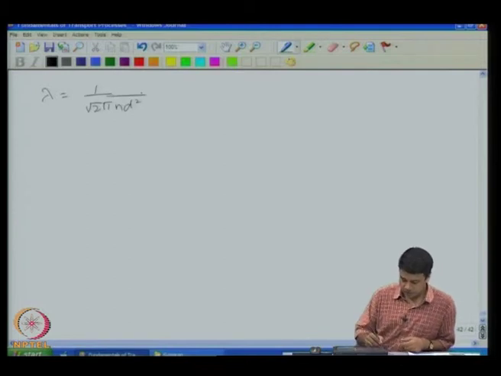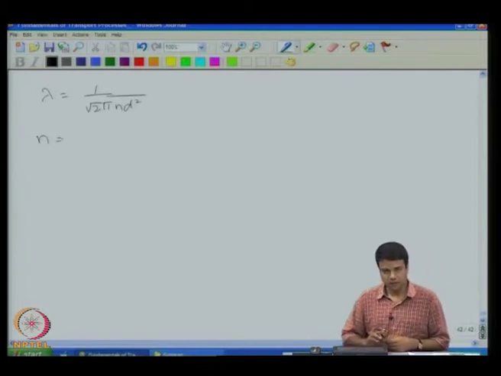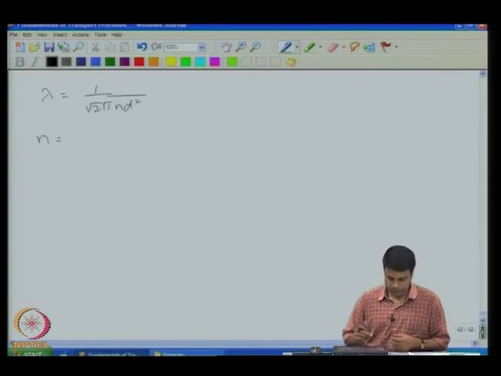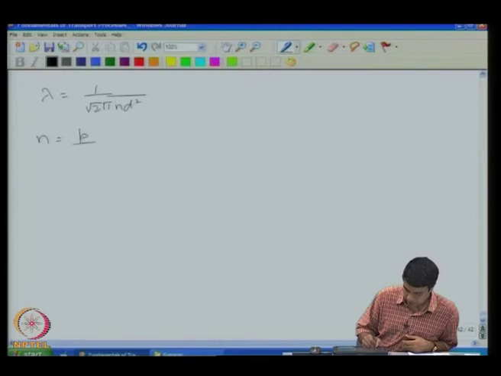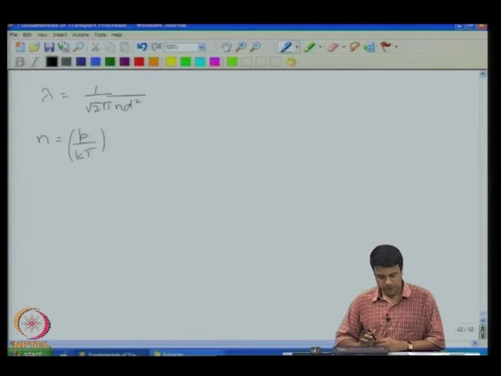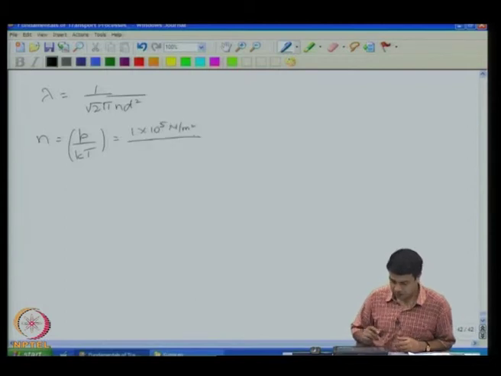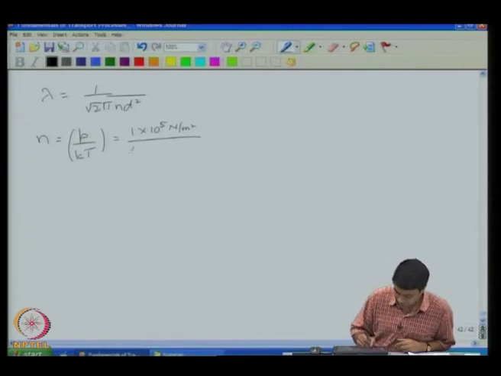The number of molecules per unit volume is equal to P by kT. From PV equal to nkT, the number of molecules per unit volume is P by kT. If you take atmospheric pressure, the pressure is approximately 1 into 10 power 5 newtons per meter square divided by kT, which is 4 into 10 power minus 21 joules.